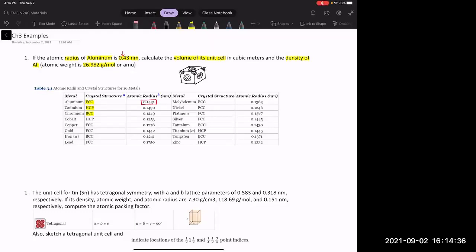It's supposed to be a whole circle, but when you look at a unit cell, you cut it into a cube, so you only have a portion of them. The portion at each corner is 1/8 of the atom, and the ones on the sides are like 1/2. It's like you cut a watermelon in half, and that's the face that shows up here. So you have 8 corners in the FCC, and 6 faces.